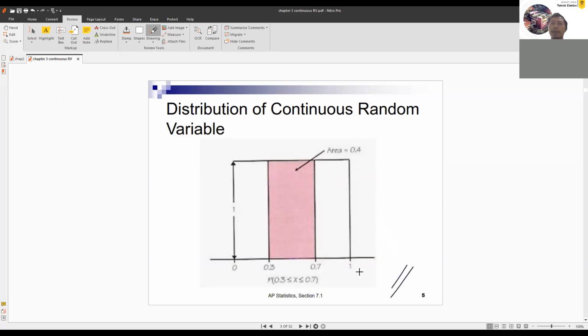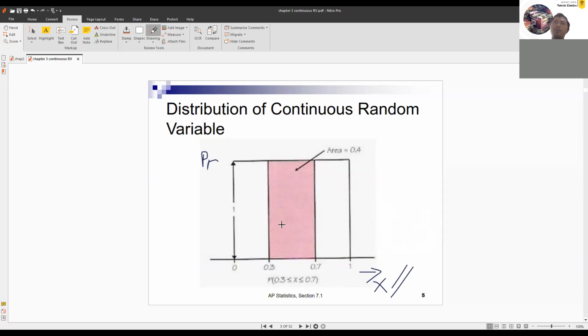The x-axis is the random variable x, and the y-axis is the probability. And this one is the probability function.